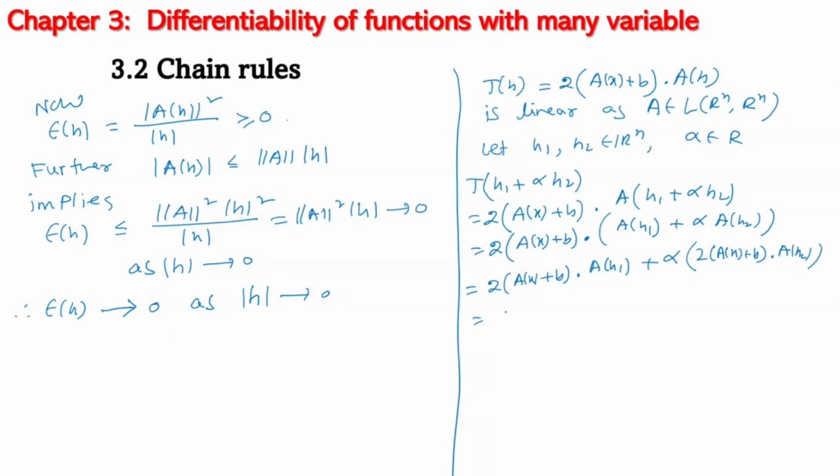So this is equal to t of h1 plus alpha t of h2. Therefore t is linear, and finally we conclude that f is differentiable.